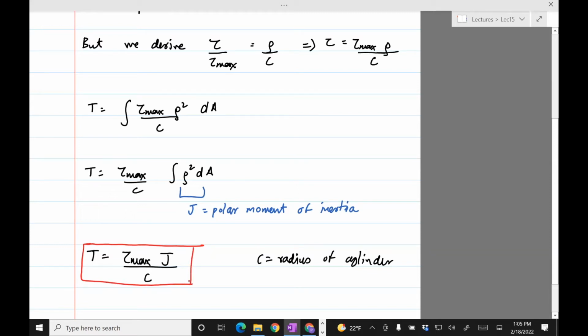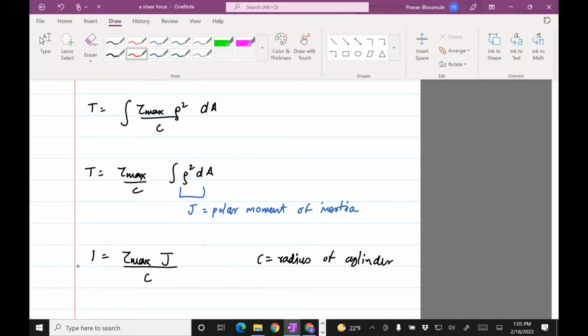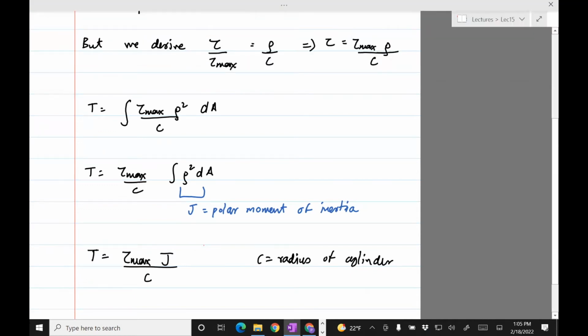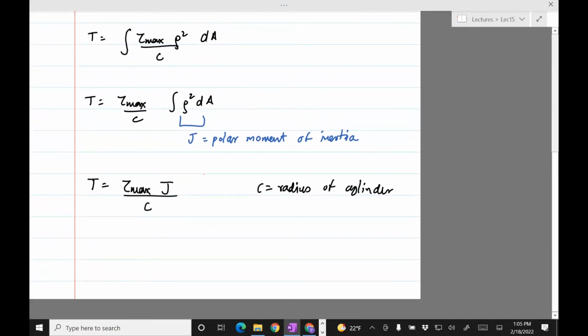Usually what you are given is torque and you need to find tau max. So we might as well write the formula for tau max. It's Tc divided by J. So that's a better way of writing and remembering the formula.